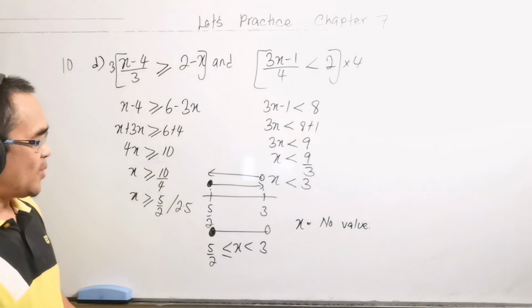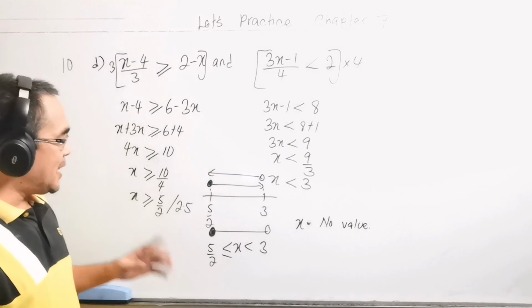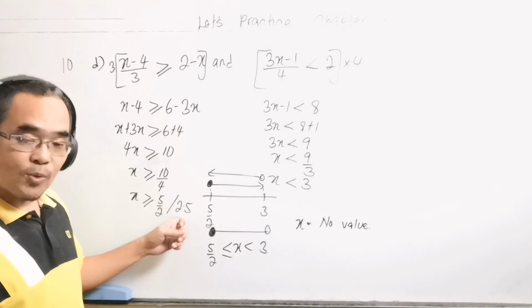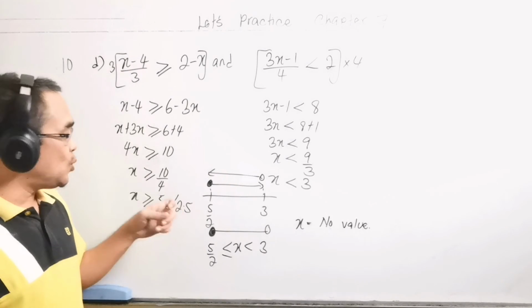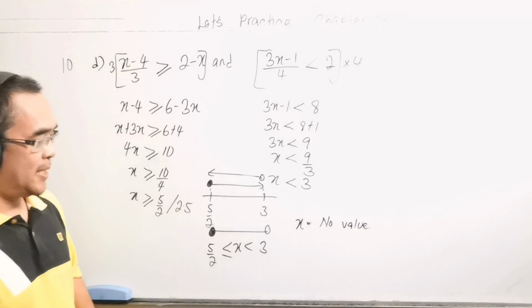So it is not acceptable. If x is an integer, there is no answer for x. No value. Only if the answers are decimal. The answers are decimals, 2.5, including 2.51, 2.52, 2.53, all the way until you get to 3.